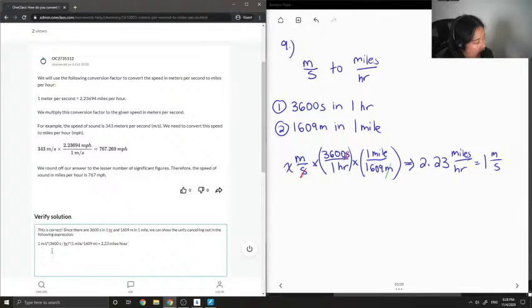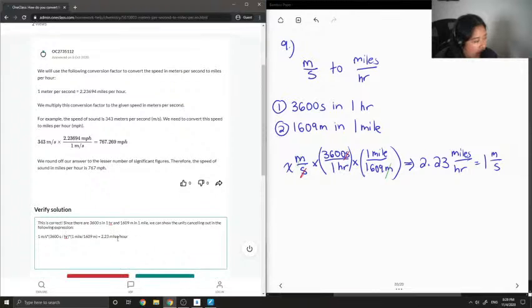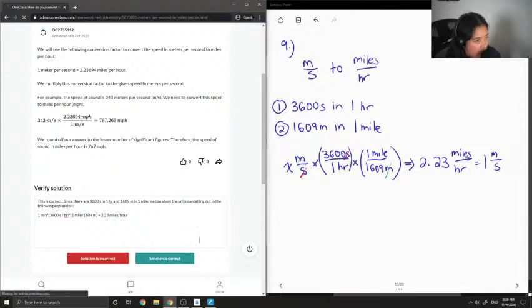Okay, so I showed that since there are 3,600 seconds in 1 hour and 1,609 meters in 1 mile, we can show the units canceling out in the following expression. 1 meter per second times 3,600 seconds over hour, times 1 mile over 1,609 meters is equal to 2.23 miles per hour. So this solution is correct.